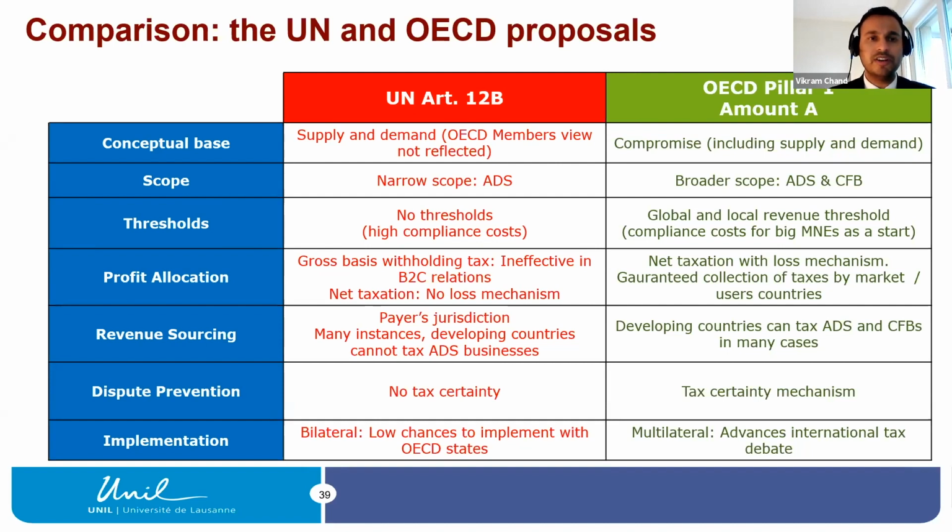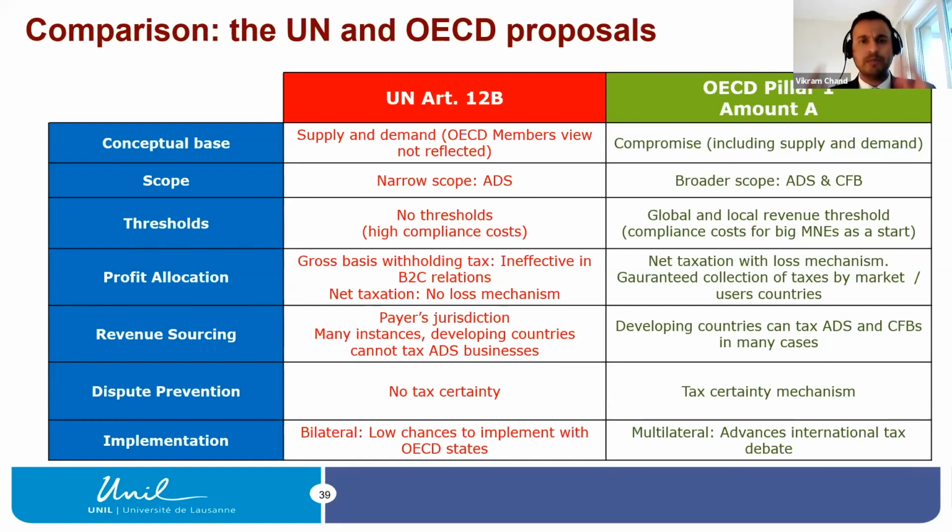On the profit allocation side, the UN proposal is gross-based. It follows a gross-based withholding tax approach, whereas the OECD proposal has a net taxation approach with an inbuilt loss mechanism. And with this advanced tax certainty mechanism, there is a guaranteed collection of taxes by market and user countries under the OECD proposal.